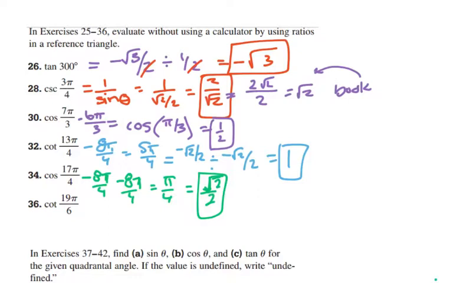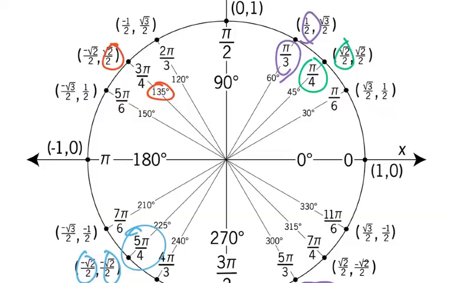All right. And then 19 pi over 6 for cotangent. First thing I'm going to want to do is make 19 pi over 6 into a unit circle value. And so I'm going to subtract, let's see, 2 pi, but over 6 is going to be 12 pi over 6. So if I subtract 12 pi, I get 7 pi over 6, and that's not really a value on here. Is it 7 pi over, oh it is, here it is.